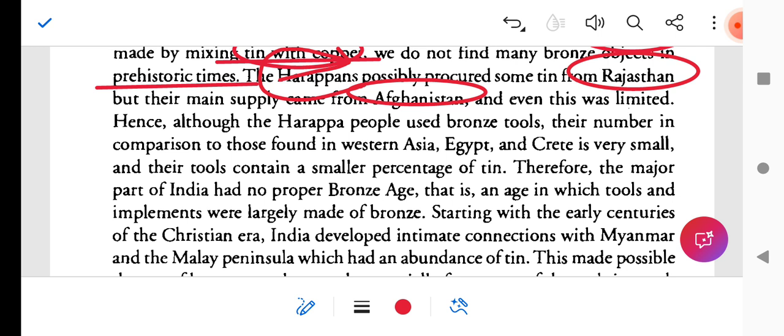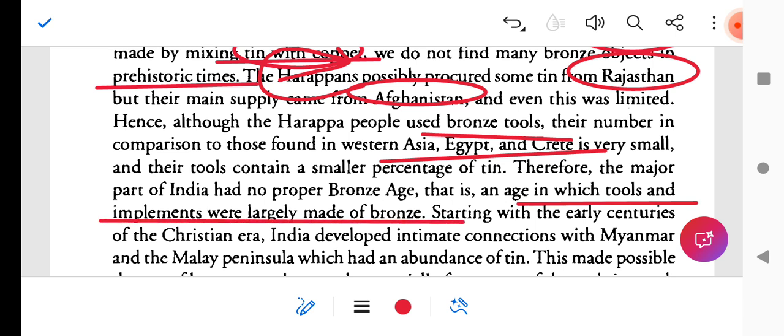Hence, although the Harappan people used bronze tools, their number in comparison to those found in Western Asia, Egypt, and Crete is very small, and their tools contain a smaller percentage of tin. Therefore, the major part of India had no proper Bronze Age, that is an age in which tools and implements were largely made of bronze.